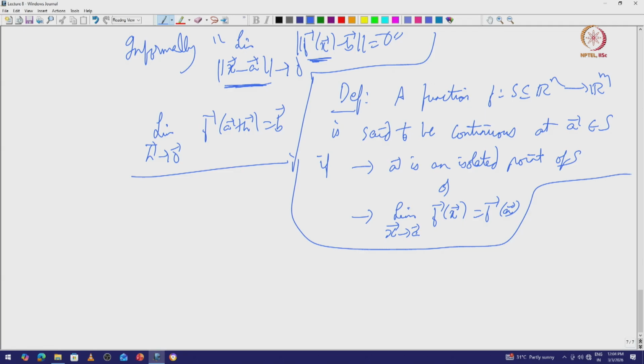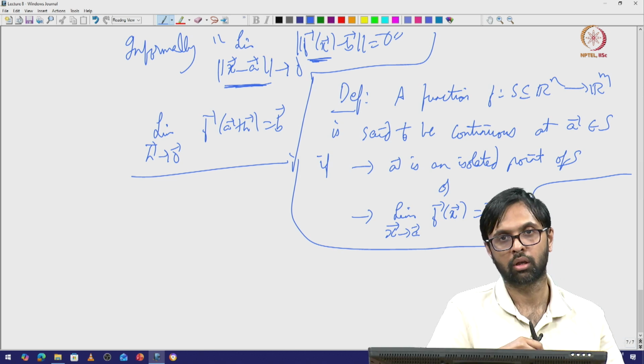It can potentially be outside of S and not be a limit point. So it's neither an isolated point nor a limit point. In that case, obviously it doesn't make sense to talk about continuity.